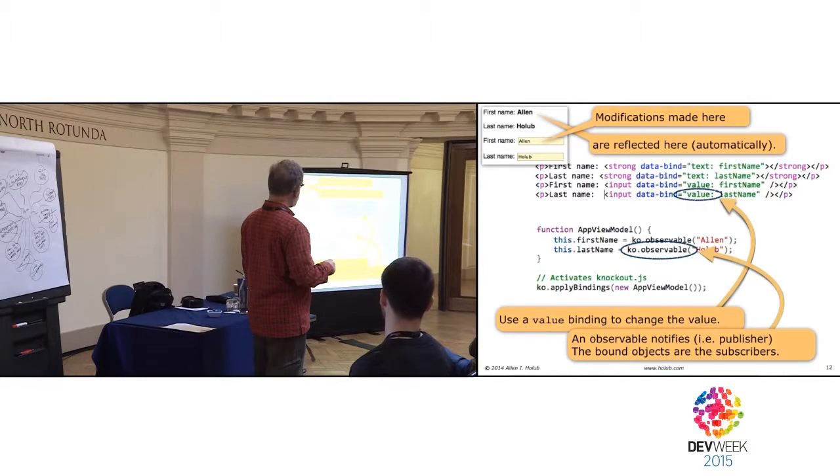This is a value type data binding rather than a text data binding. Text is an output, value is an input. So what it's doing here is that it's still connecting to the same variable. So this binding is saying, I want you to look for changes in this variable.